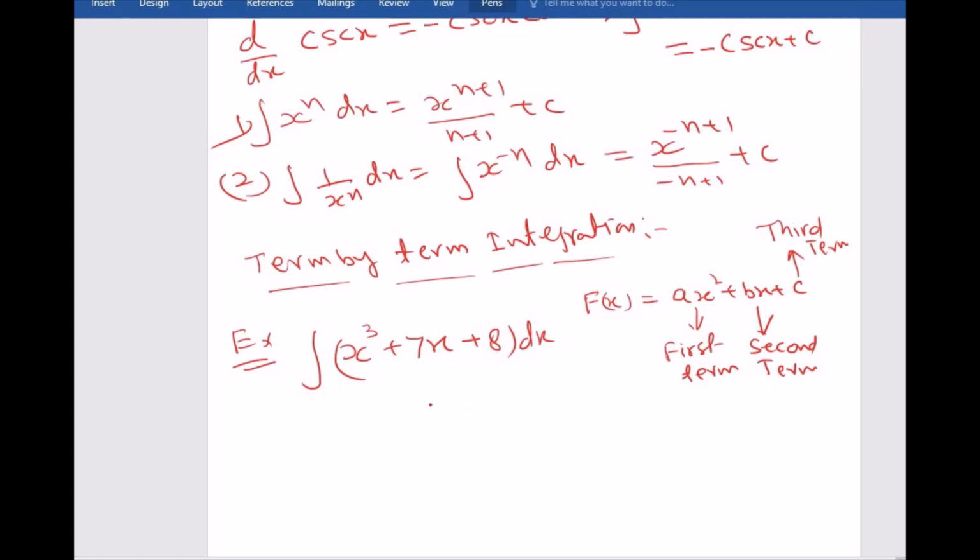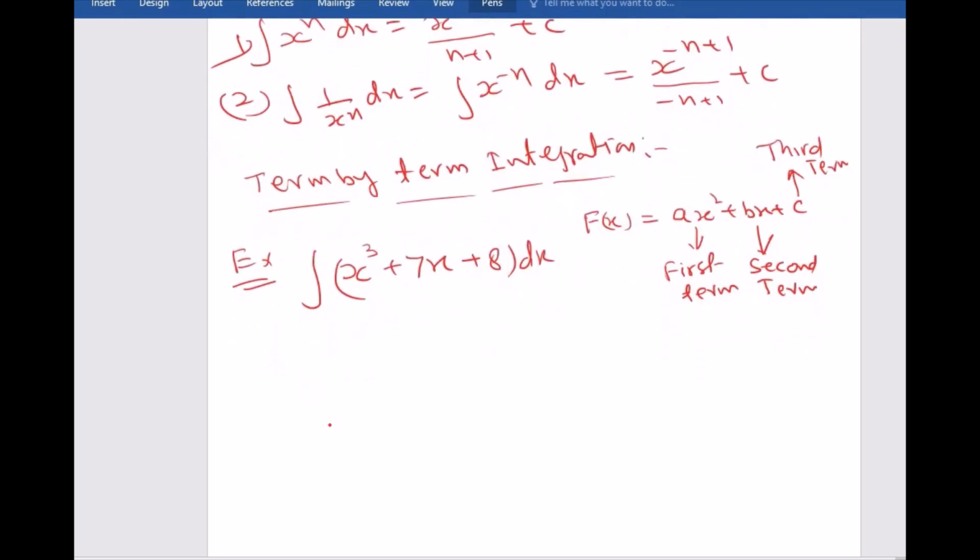Before writing the solution, I want to write this as x power 3 plus 7x plus 8 multiplied by x to the power 0, in dx.